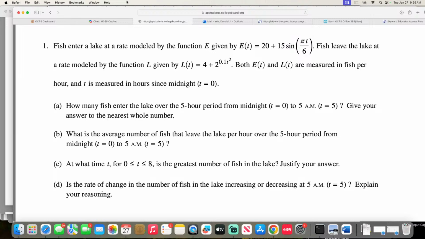The first one is the fish definition. The second function is the fish definition. So you have to do the integral.